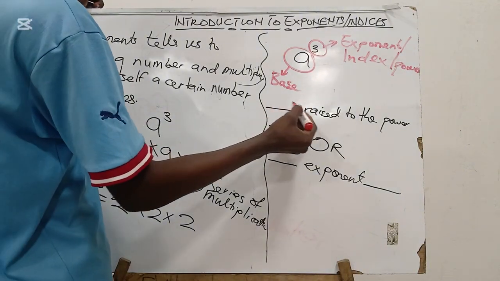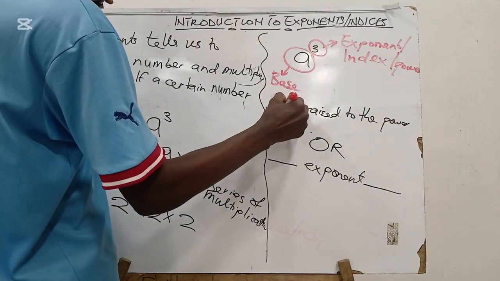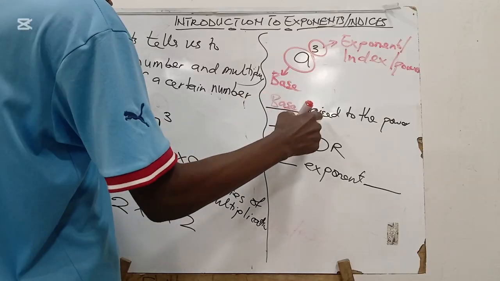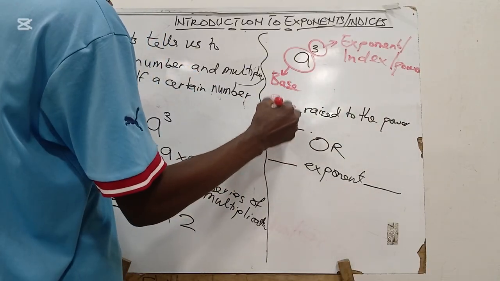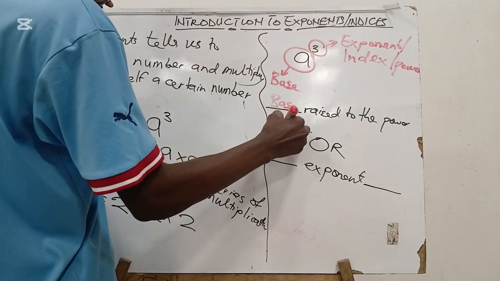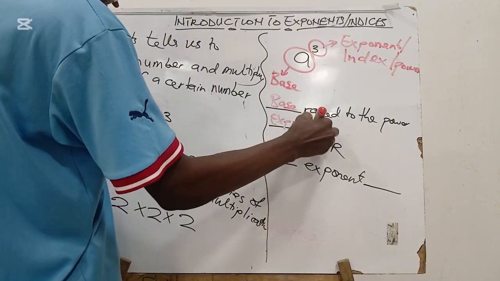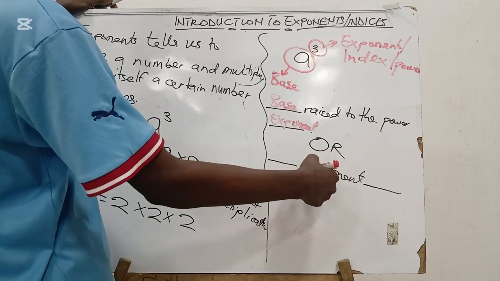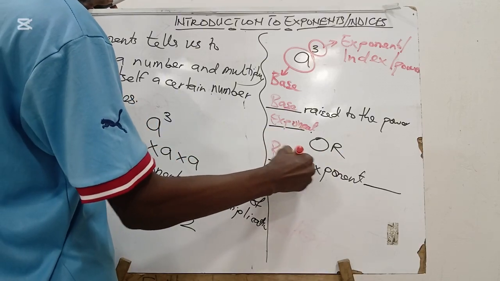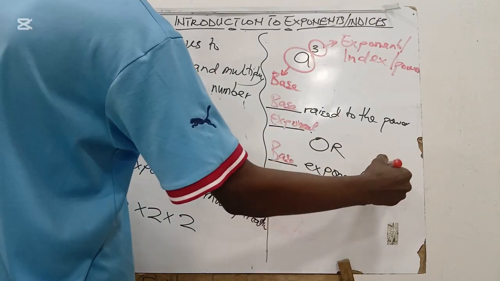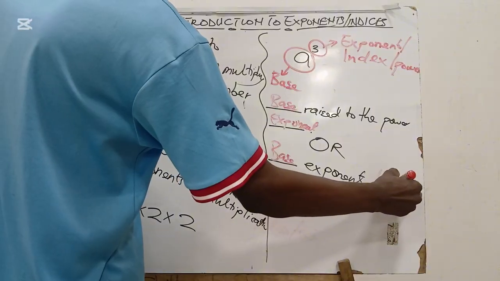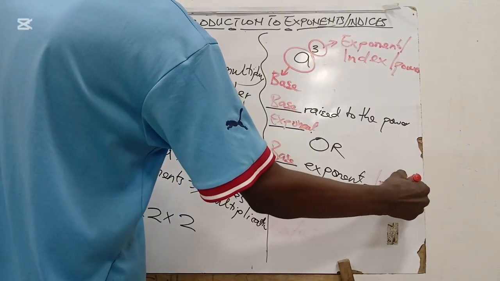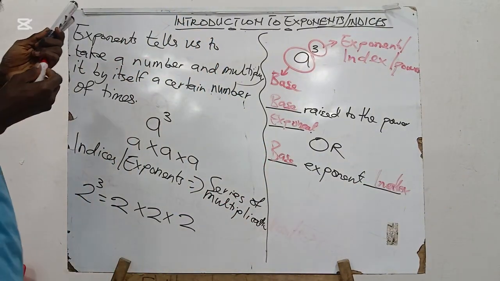This first dash here, you mention the base, then raised to the power, then you add the exponent or the small number at the top. Are you okay? Or if you don't want to go with this approach, you can just read it like this. You mention the base, then you mention exponent, then you mention the index. Are you okay? Great.